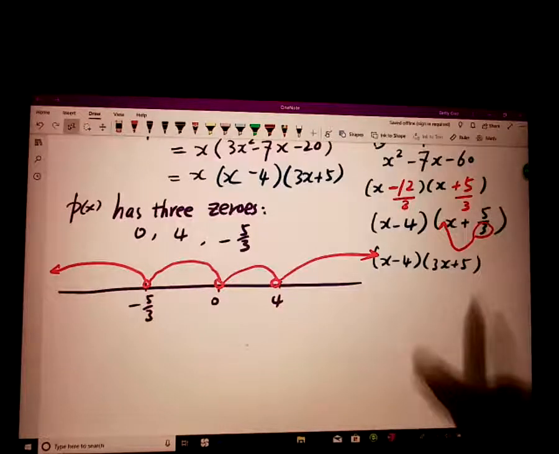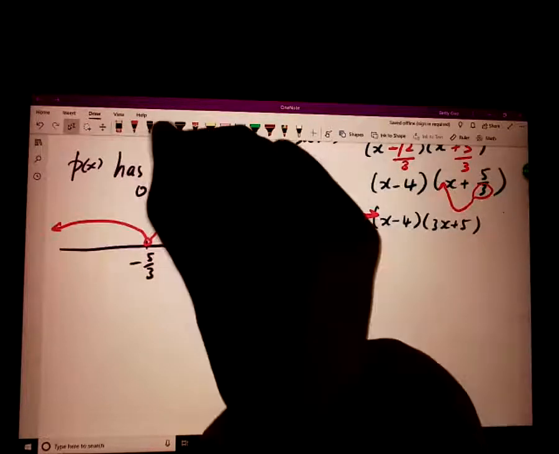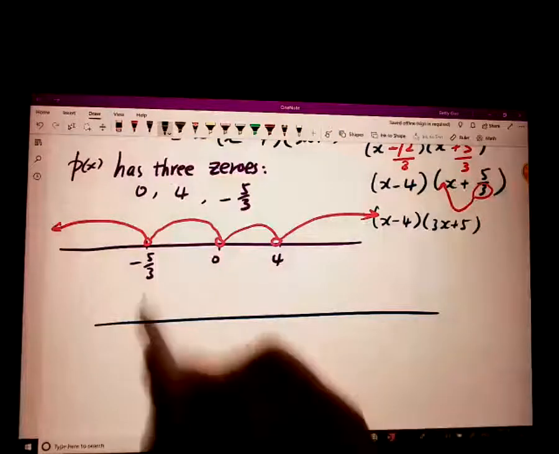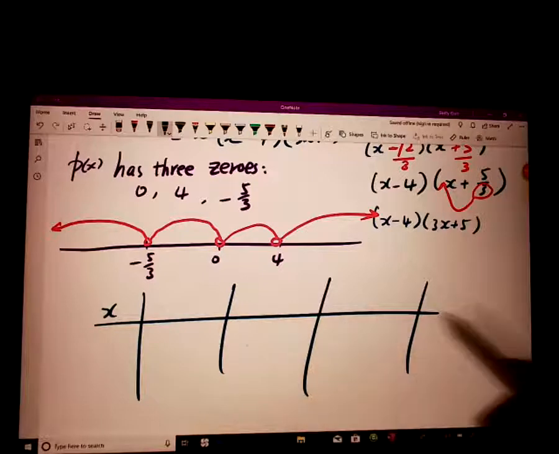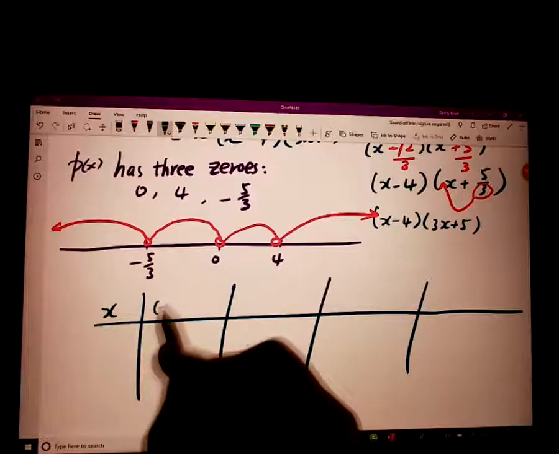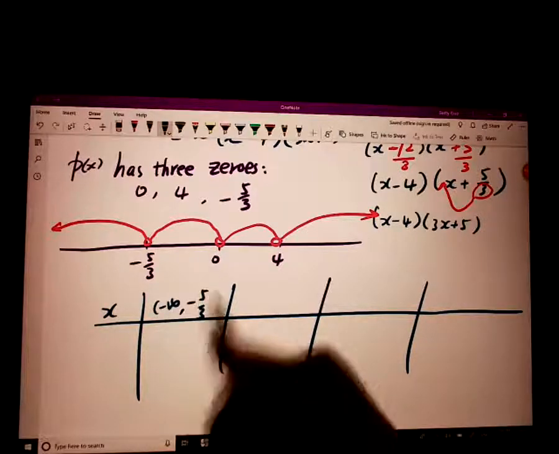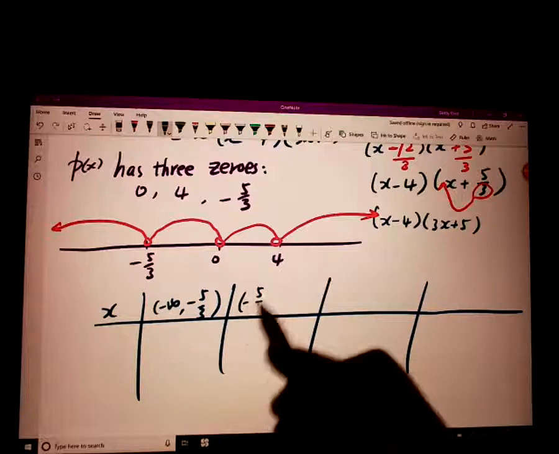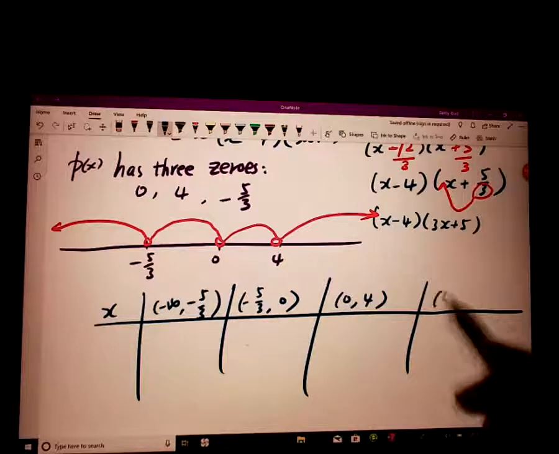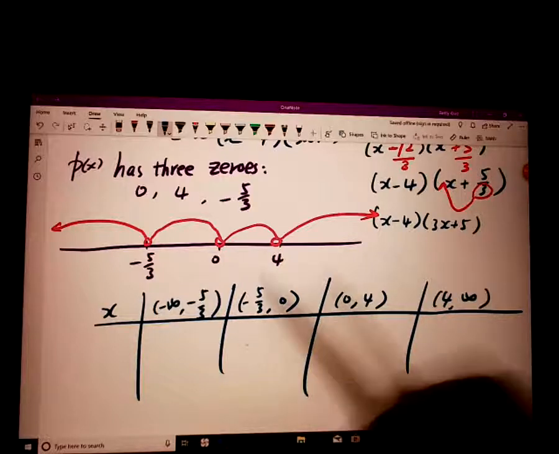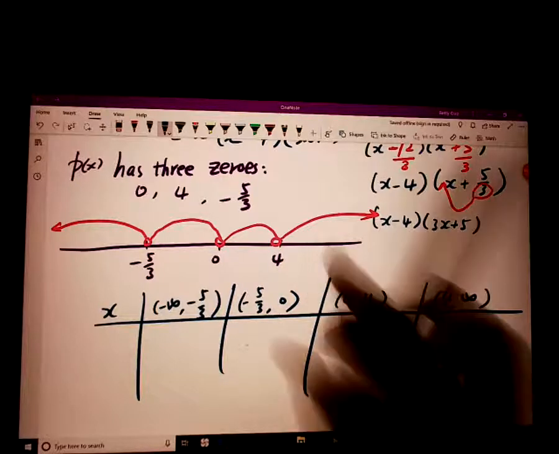The 4 open intervals are going to be in row 1 of the chart. 1, 2, 3, 4. Negative infinity to negative 5 over 3, open. Negative 5 over 3 to 0, open. 0 to 4, open. 4 to positive infinity, open. Why do we use open intervals?